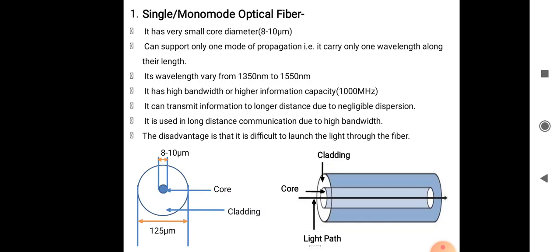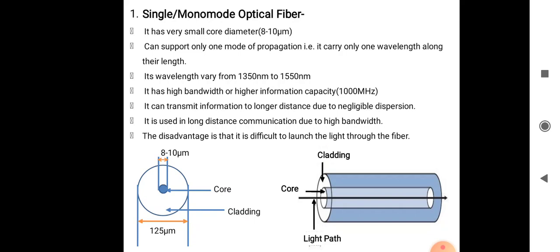That is, it carries only one light along its axis, and that is nothing but the single or monomode optical fiber. Now that wavelength varies from 1350 nanometer to 1550 nanometer. This single optical fiber also has high bandwidth, or higher information capacity.